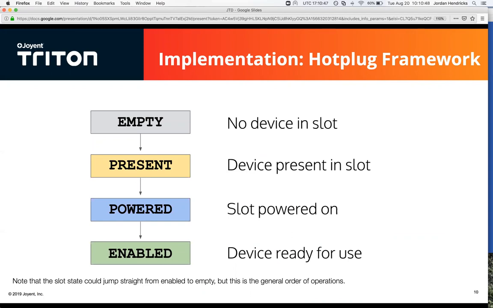The states we can talk about are empty, which means there's no device there, it's just an empty slot; present, there's a device there; powered, there's a device and the slot is powered on; and then enabled is a little bit more general, but it basically means the device is ready to have I/O to it, so it'll have its drivers, /devices, all that. This is not a strict state machine in that it can only move along these edges, but it does represent the order of operations you might want to think about when you're onlining a device from an empty state.